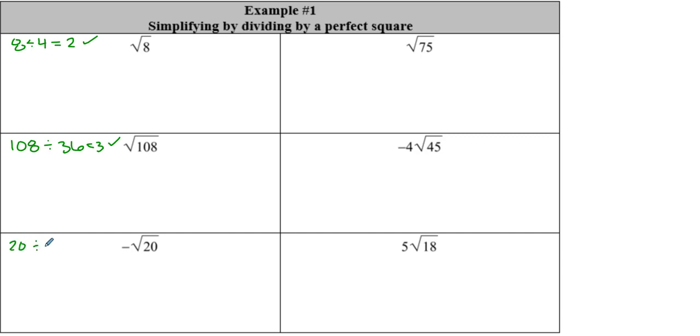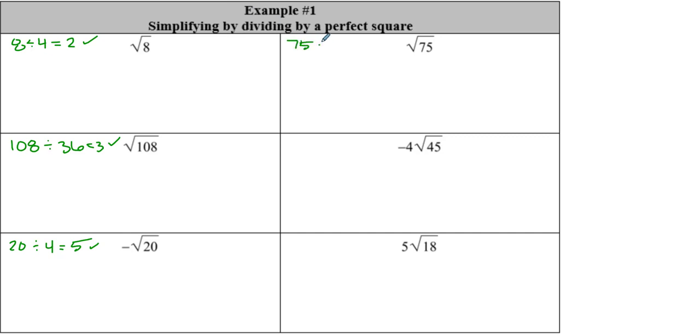Yes, we can divide that by 4. Remember, 4 is a perfect square. We get 5, so that one checks out. What about 75? You guessed it, 25. 75 divided by 25.